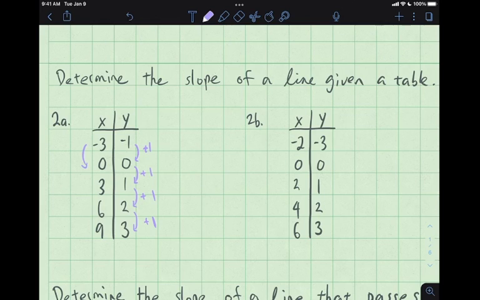How do I get from -3 up to 3? +3, +3, +3, +3. So in this case, our change in y's over our change in x's equals 1 over 3. Again, we have a slope of 1/3 here in 2a.